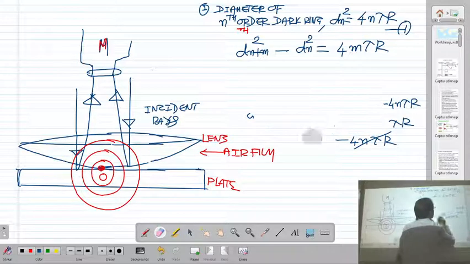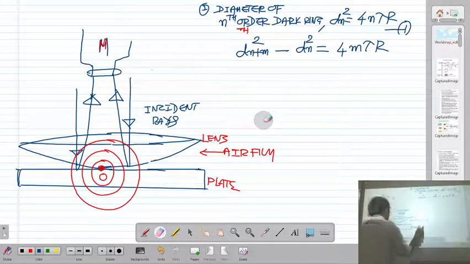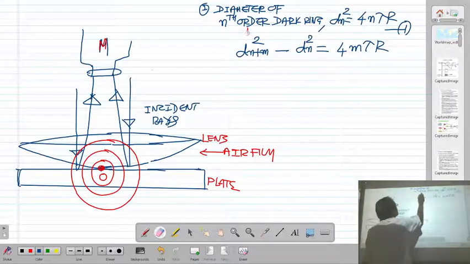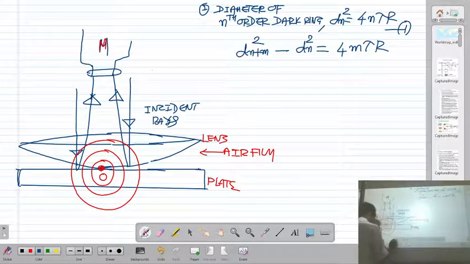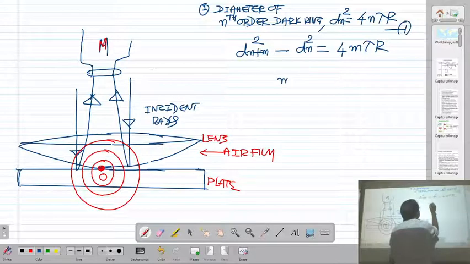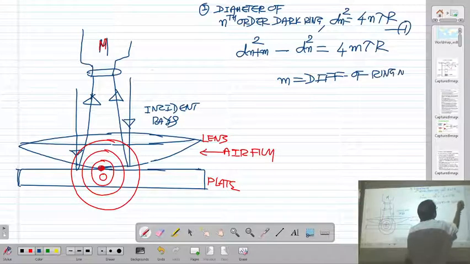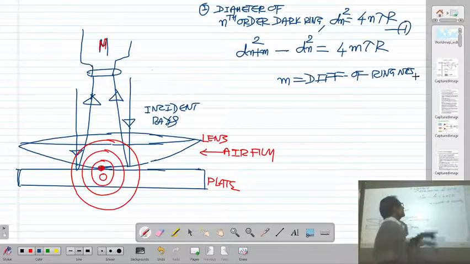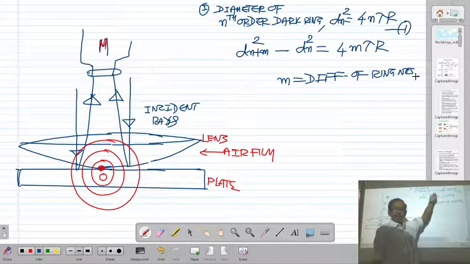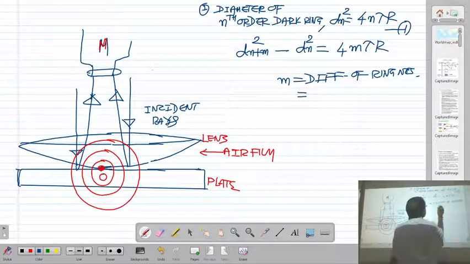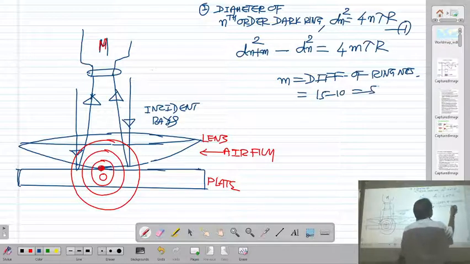You should know what m is here. In the last lecture we discussed what m is. m is the difference of ring numbers. Suppose Dn is the diameter of the 10th dark ring and D n plus m is the diameter of the 15th dark ring. Then the difference of the order of the two rings is 15 minus 10, that is 5.